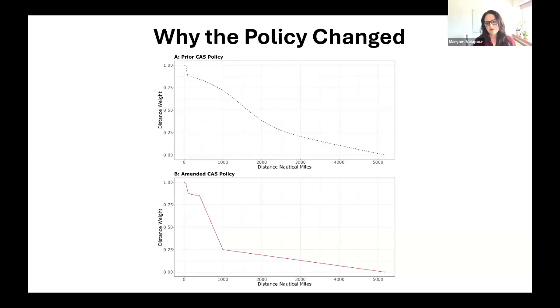The May 7th modification increased the influence of distance in 2 ways. First, the rate of decline in points became much steeper. To give you a sense of the magnitude, under the original CAS, a candidate 500 miles away from a donor received about 83% of the points available, and a candidate 1,000 miles away would receive about 72% of the points.